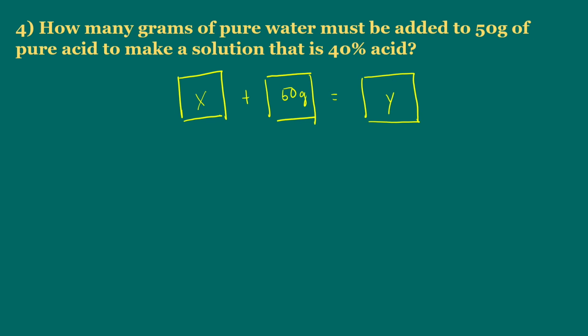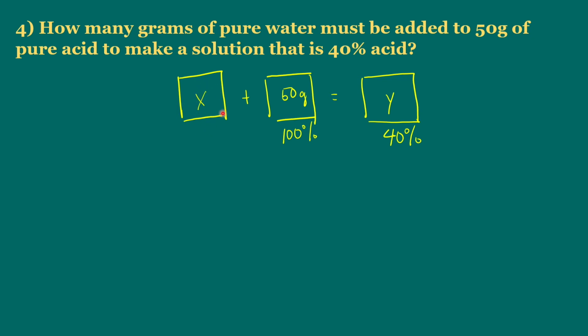Alright? Now, if we have pure acid, this one is the pure acid, is 50 grams. Okay, the concentration of pure acid is 100%. Alright? And then this one, the product is 40%. Now, the question is, what is the concentration of x or the pure water?